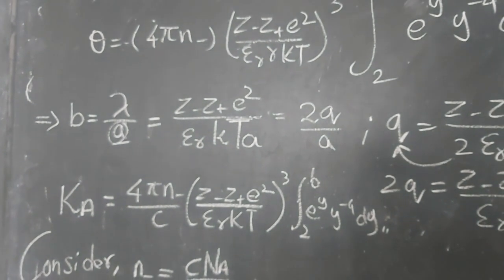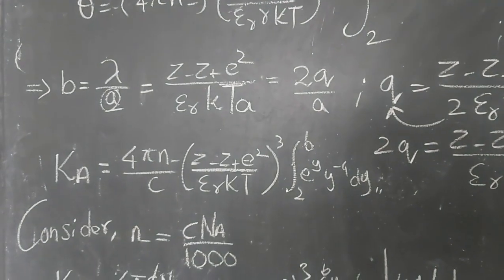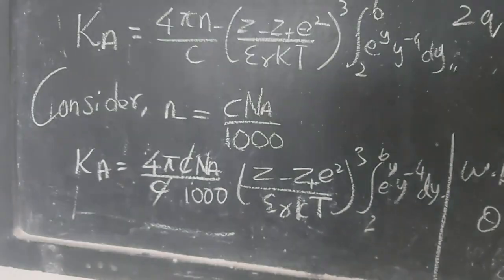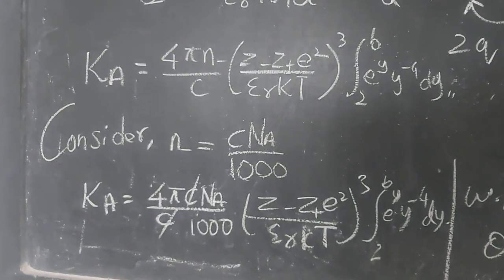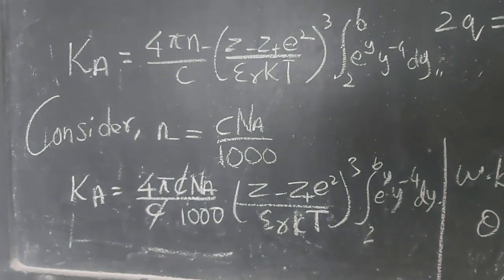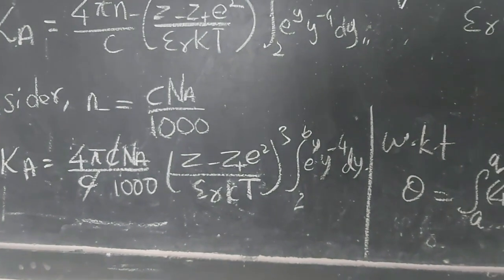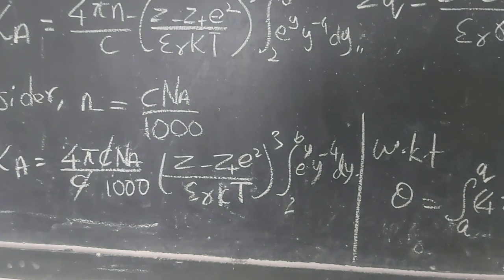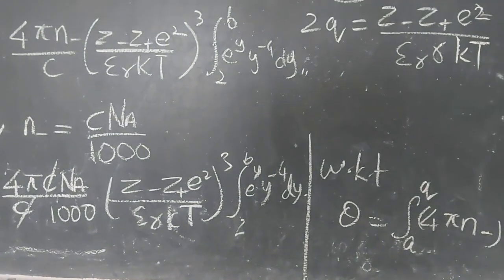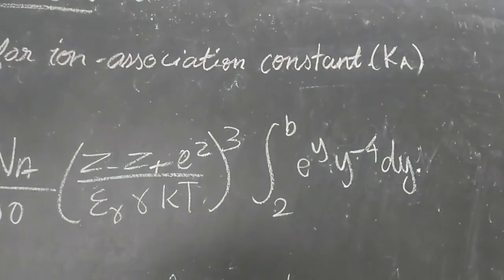So if we consider n minus equal to C Na by 1000, and substitute this n minus value in the above equation, the concentrations will get cancelled, and we will get the remaining thing: 4 pi Na by 1000, z minus z plus e square by epsilon r kT whole cube, and integral in the limit of 2 to b e power y power minus 4 into dy. This is the last equation which we derived, right?